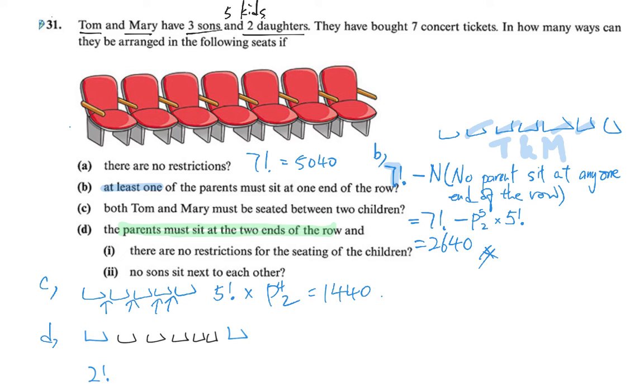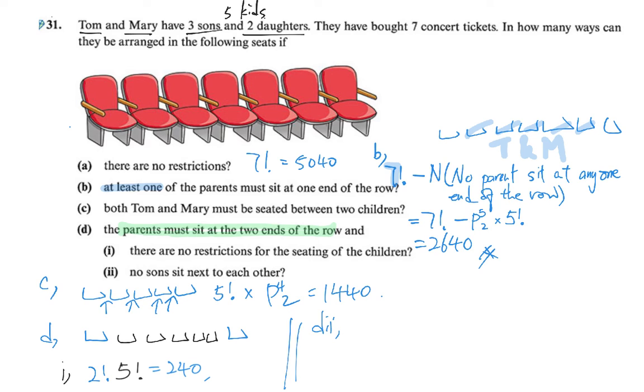The 2 factorial is for Tom and Mary, right? And now the middle is the 5 kids to be arranged. It means 5 factorial. So the D1 answer is 5 factorial times 2 factorial times 5 factorial. Therefore, the answer is 240.